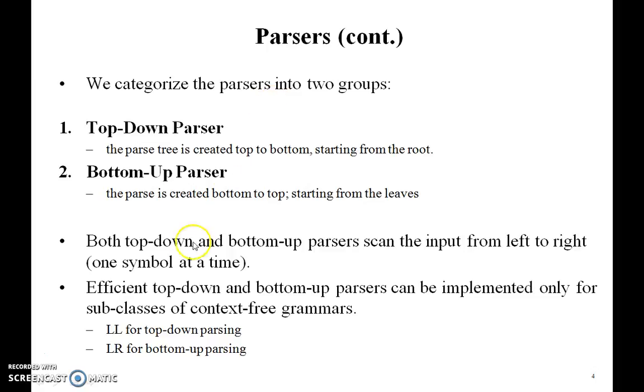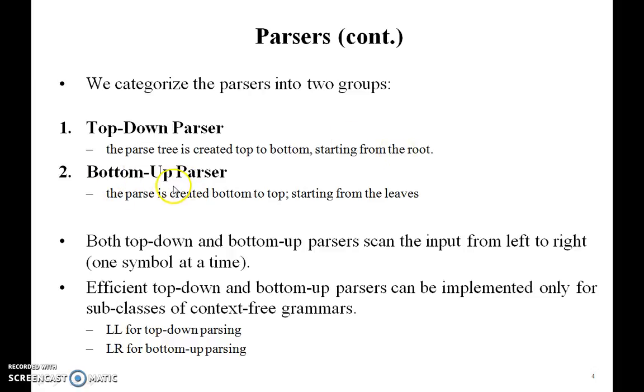In the parser there are two kinds of parsing methodologies. We call one the top-down parser and the other the bottom-up parser. In the top-down parser, the process works from the root to the leaves. That is, the parse tree is created top to bottom, starting from the root.